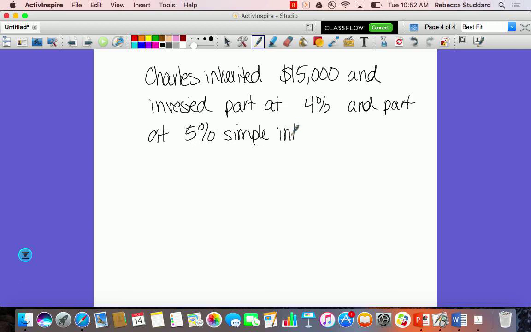Why he didn't just do it all at the 5%, I don't know. Maybe it was a certain kind of investment that you could only invest a certain amount.